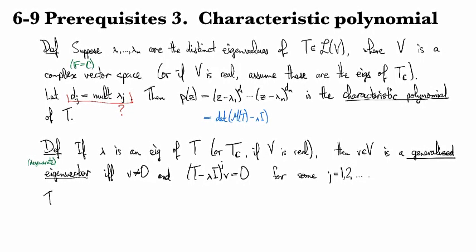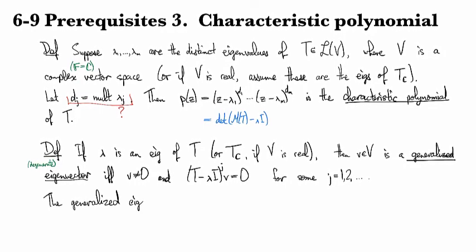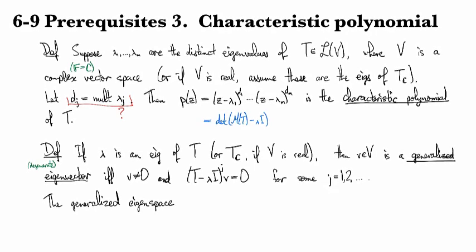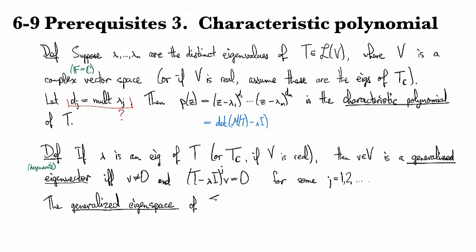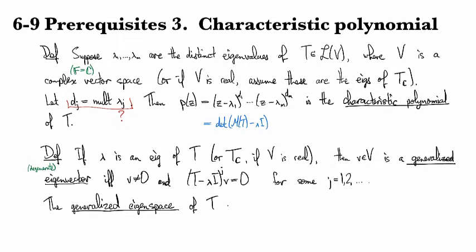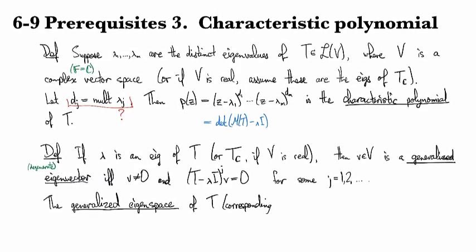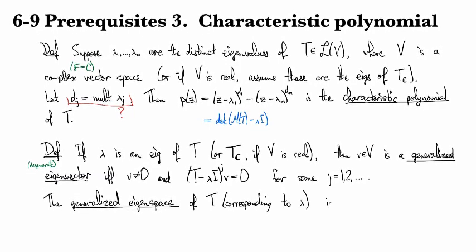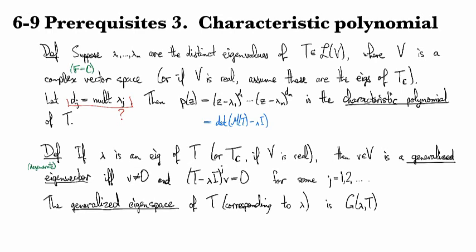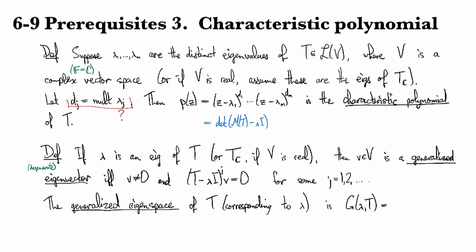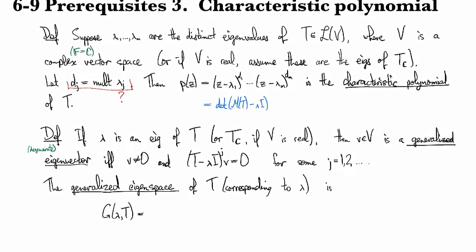So then the generalized eigenspace of T corresponding to lambda is G lambda T, which is actually in here. So let's put this down here where we've got some room to work.